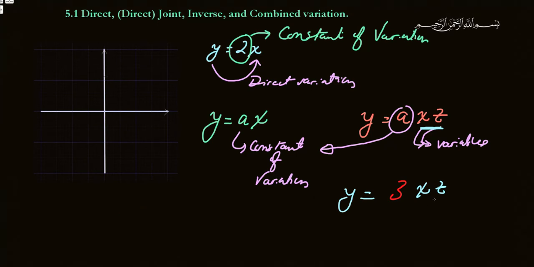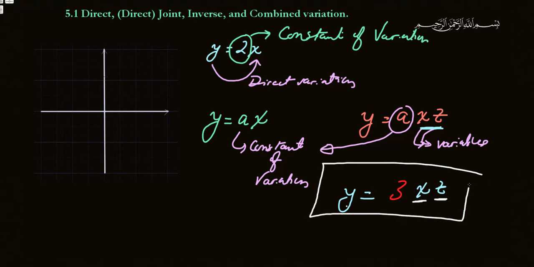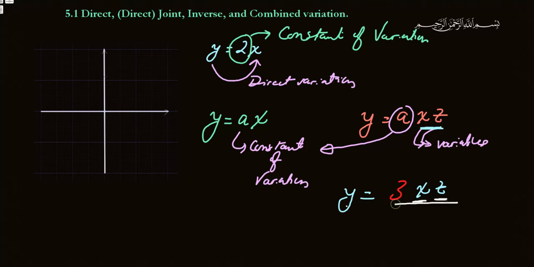So when variables are directly related, in this case, y is directly related to x and z, there's some constant that is multiplied as a coefficient to those variables in a function like this. Now, again, if you do anything else to this pattern, if you divide this by 5, that's okay, because it's still a constant.